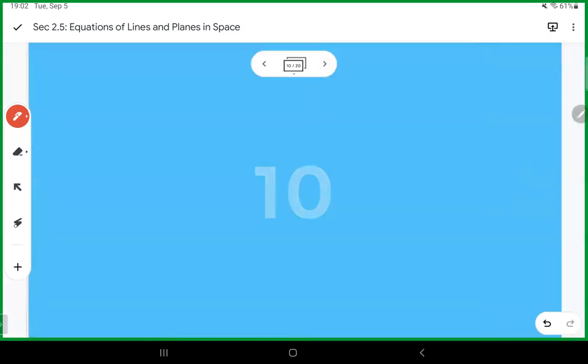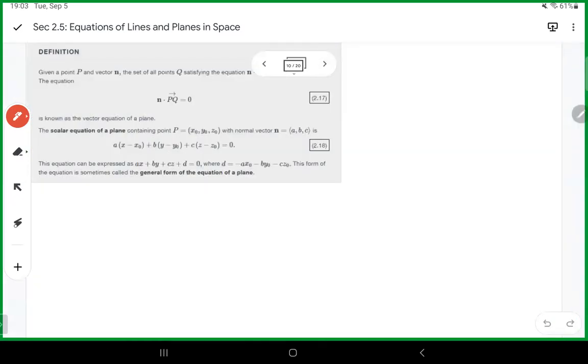Okay. So here's some definition for you. Kind of basically sums that other part up a little bit better. So given a point P and a vector n, the set of all points Q satisfying the equation n dot PQ equals 0 is known as the vector equation of a plane. The scalar equation of a plane containing point P is given as follows.